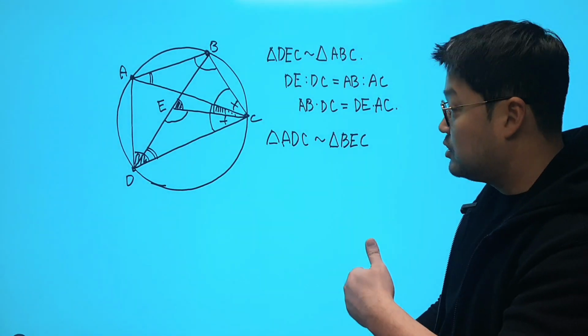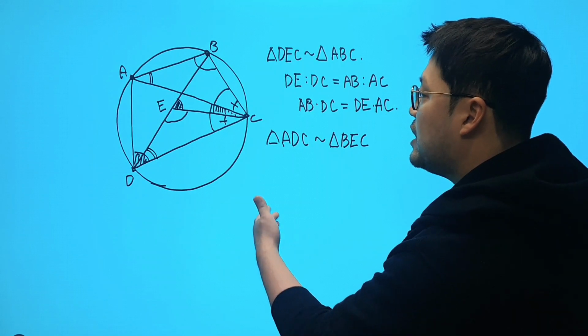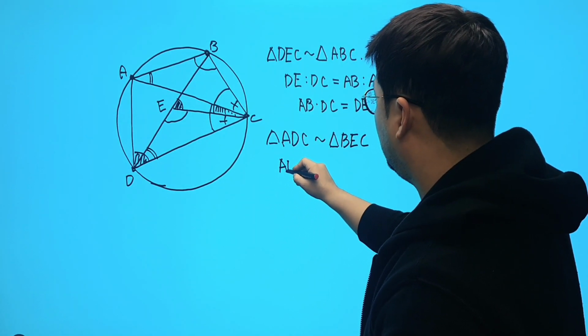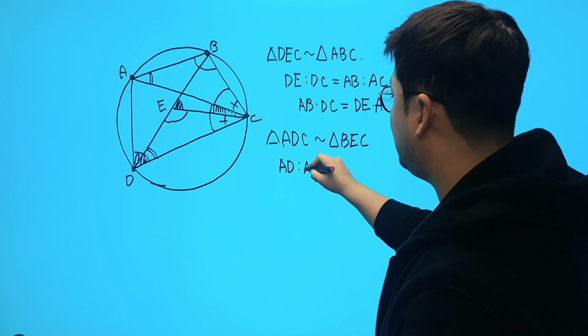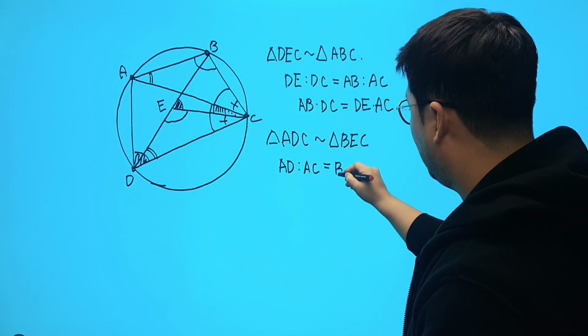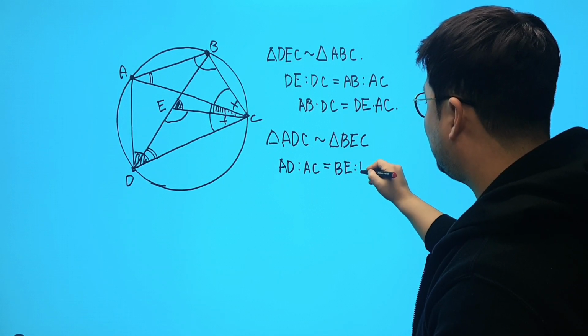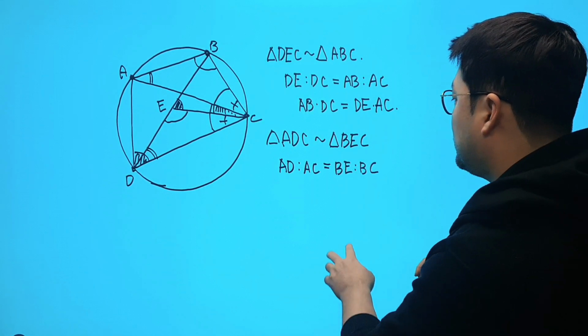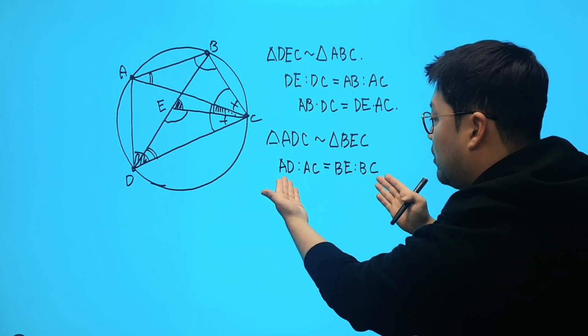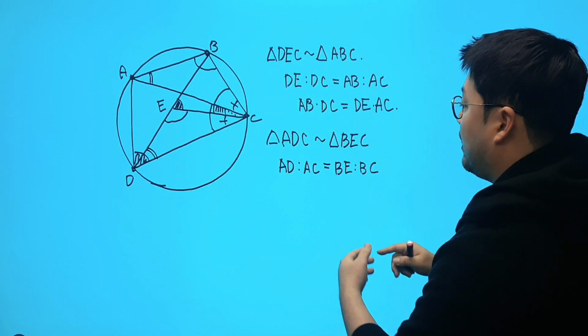Good. So here's what we're going to do. AD to AC is going to be BE to BC. All right. So multiplying the inner parts equals the product of the outer parts.